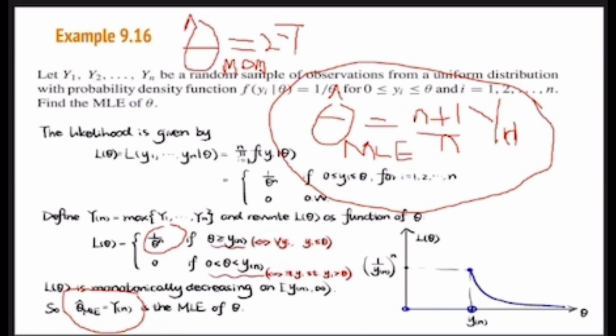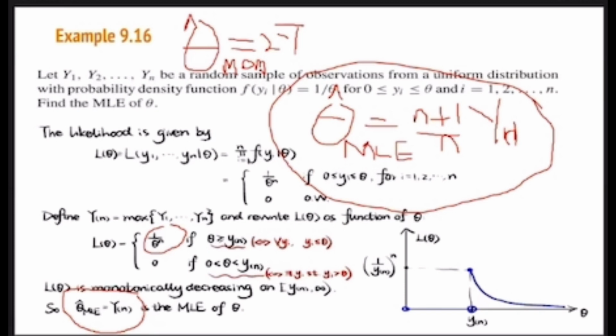Now, who can tell me? If you want to compare the two, you need to get the variance of 2Y bar. It's going to be 2 squared times the variance of Y bar. Where is it going to come from? You know the variance of Y from this uniform, using (b minus a) squared over 12, which is theta squared over 12. Then from there, you'll know the variance of Y bar in terms of n.